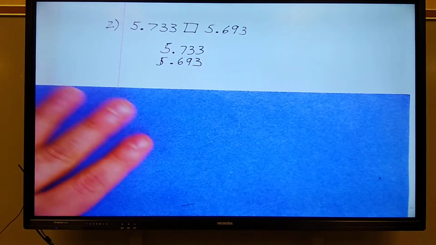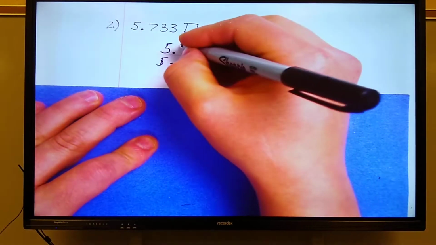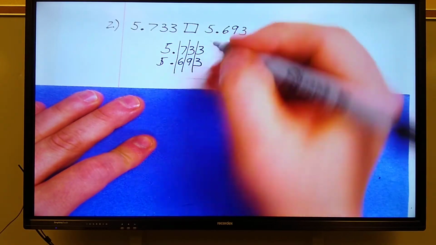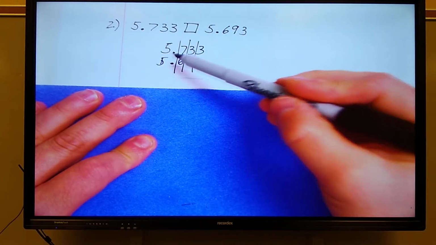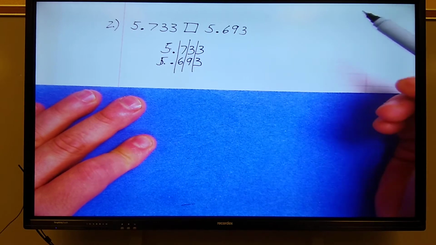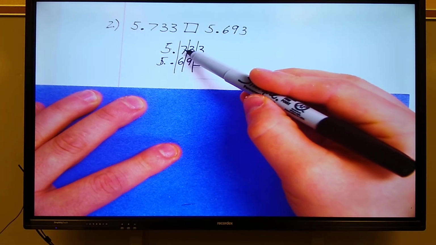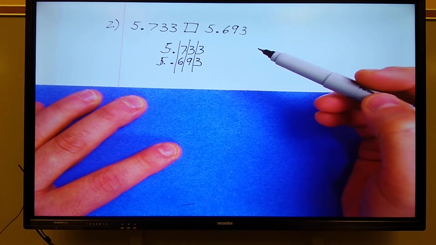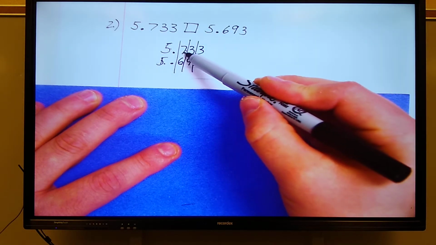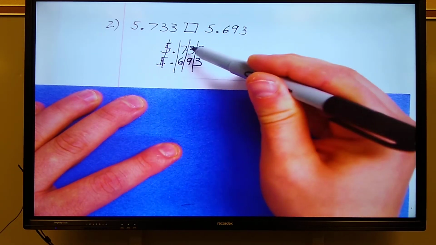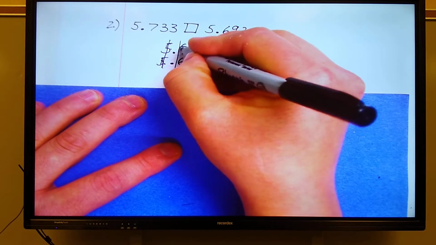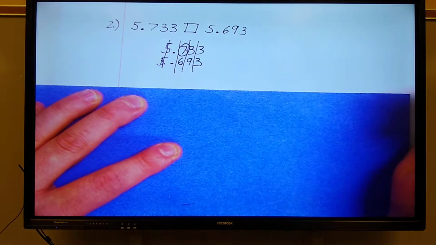I have no need to put a 0 here. Put your columns. Now let's compare. The ones place, they're the same. I can't use it. All right, the tenths place, I have two different numbers here. A 7 and a 6. The 7 is bigger than the 6.